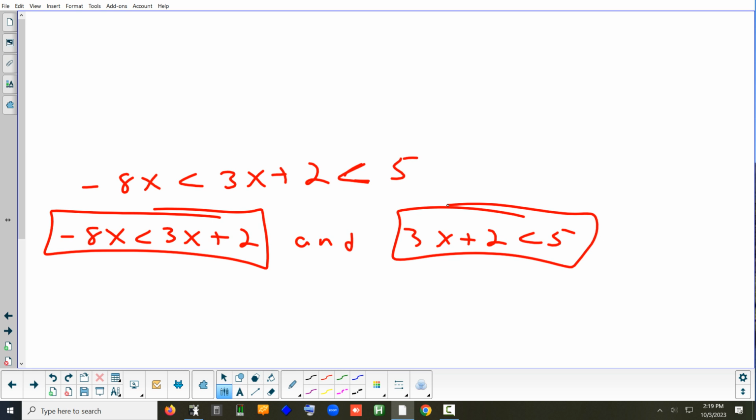Solve each one of them separate. That's the only way to do that problem. Now, if this x wasn't here, then sure. Now you could do the method I described earlier because you don't have multiple variables. You just have the x in the middle. Okay. But that's not how I originally wrote it.